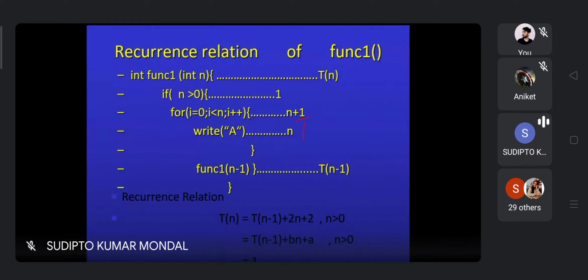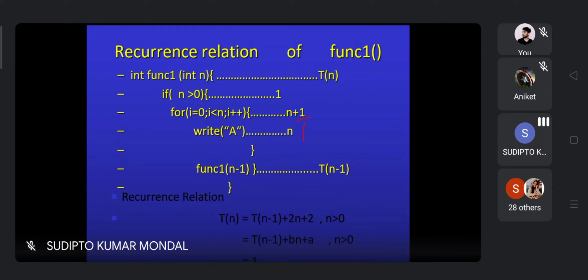So we have written 1 when n is less than or equal to 0, and that is the terminating condition for this particular function. This way we have represented this function in terms of its recurrence relation.